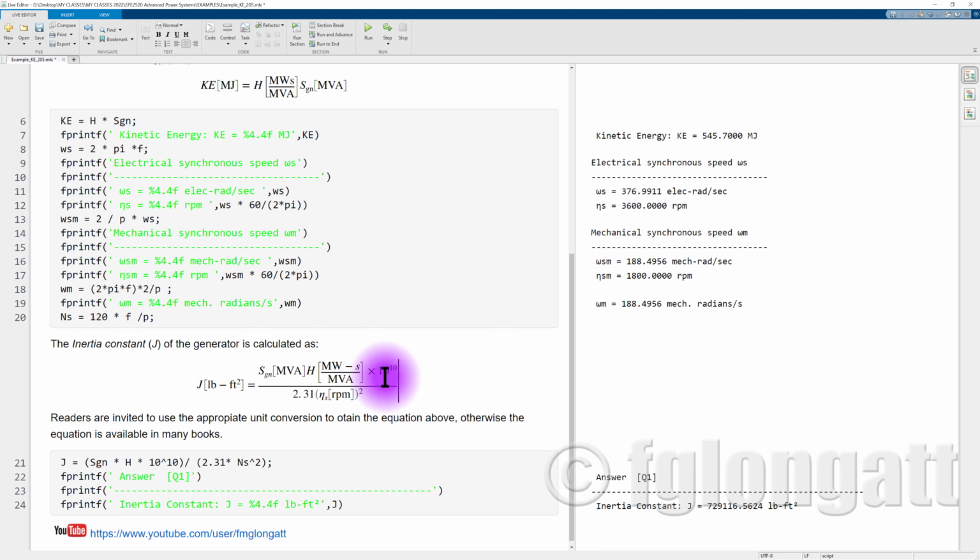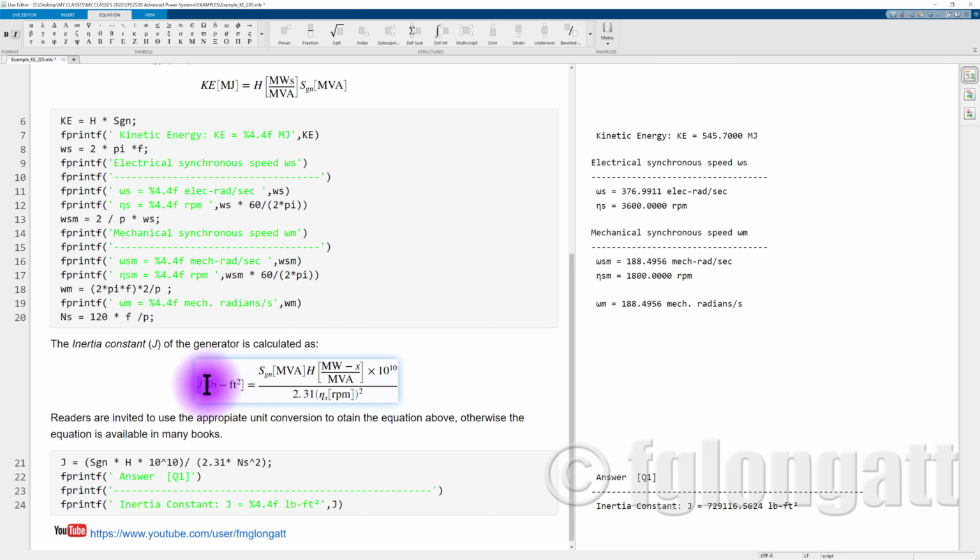Well, in front of you, you have this amazing equation over here. If you look at the definition, you can see that now there is something different. First thing, I am calculating the inertia constant J, and here we have pounds per square feet. Now what we need to do is substitute these variables here: the rated power in MVA, H in megawatt seconds per MVA, and the rotational speed in RPM.